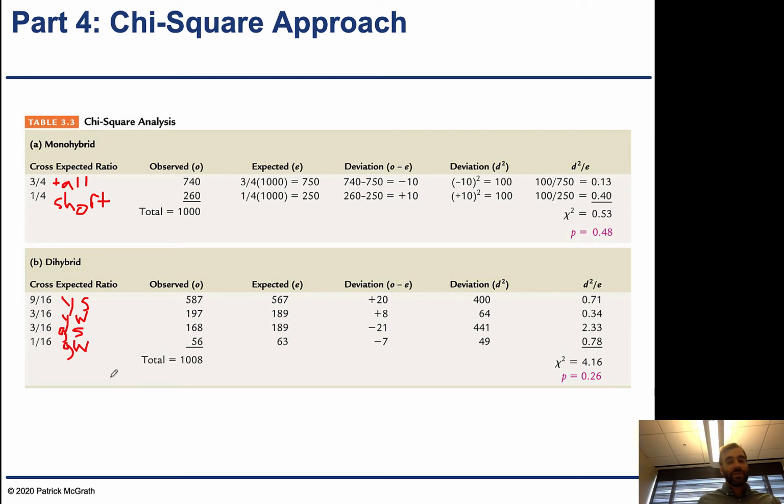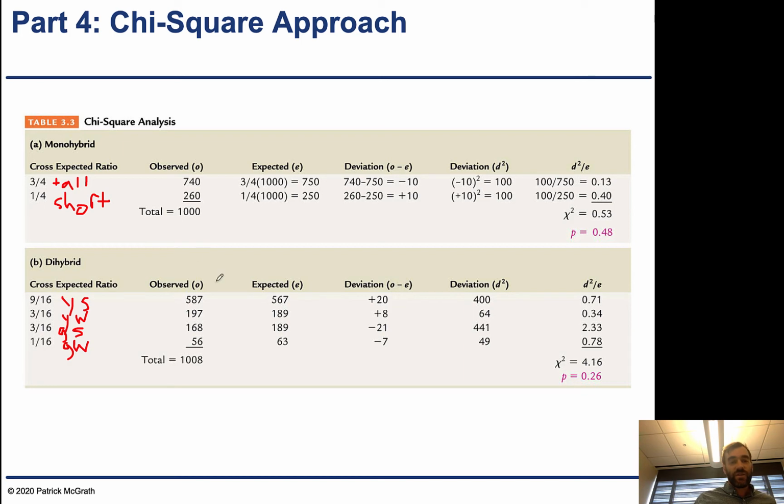If we do a cross in this situation, in this case they've looked at 1,008 pea plants. We can just multiply these ratios times 1,008 to get the 4 expected values. If we looked at 1,008 plants, we would expect 567 to be yellow and smooth, 189 yellow wrinkled, 189 green smooth, and 63 green wrinkled.